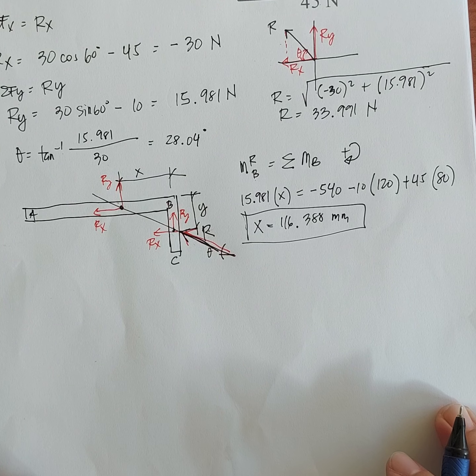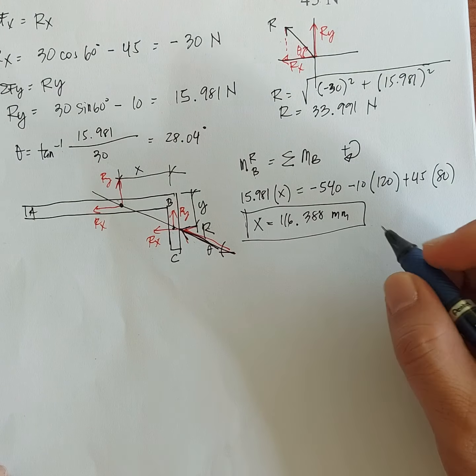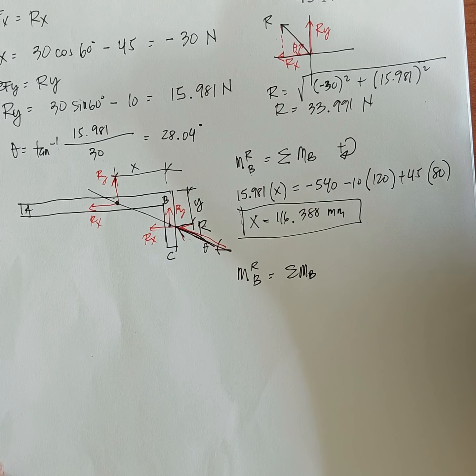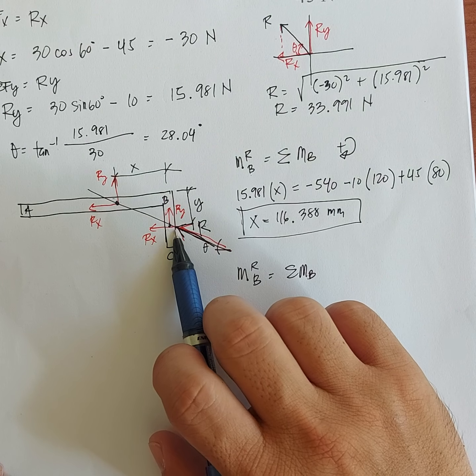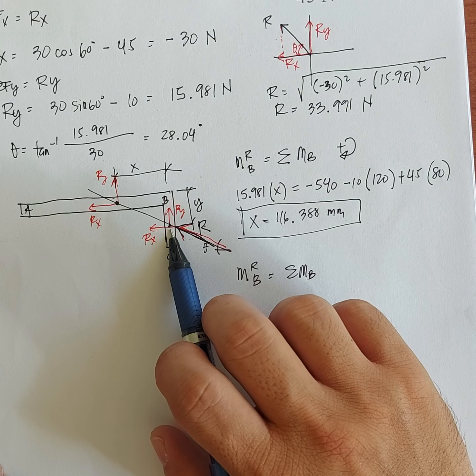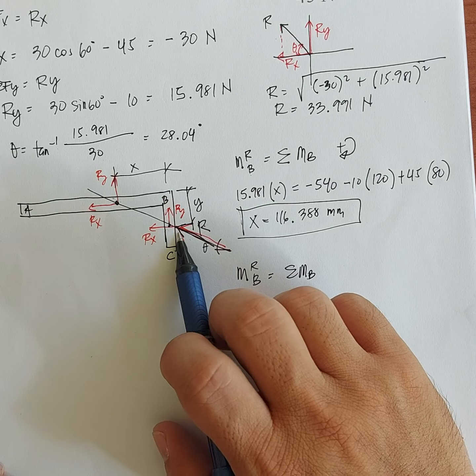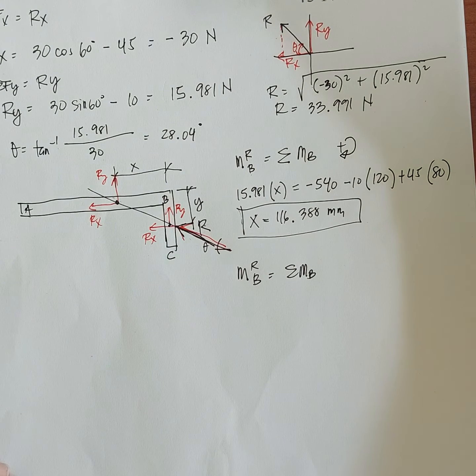And medyo hindi nakita yung original figure. But we're going to apply the same principle here. So the moment of the resultant force at B is equal to the summation of moments at B. Let's consider this sa my point B. Again, i-resolve natin yung R into two components, Rx and Ry.